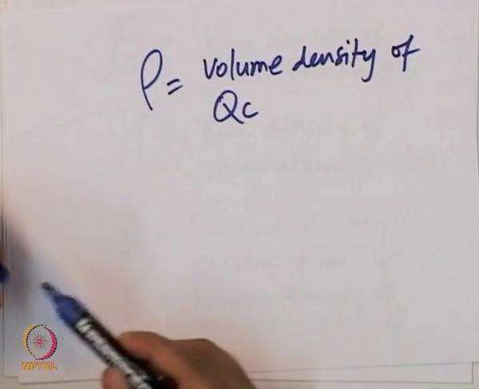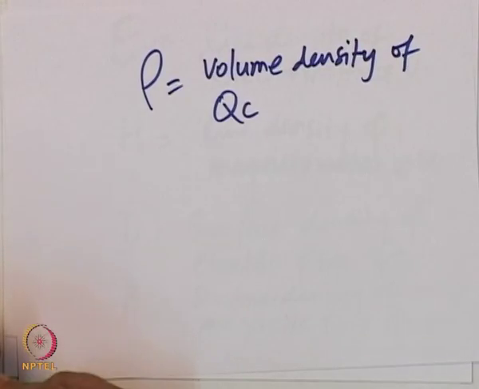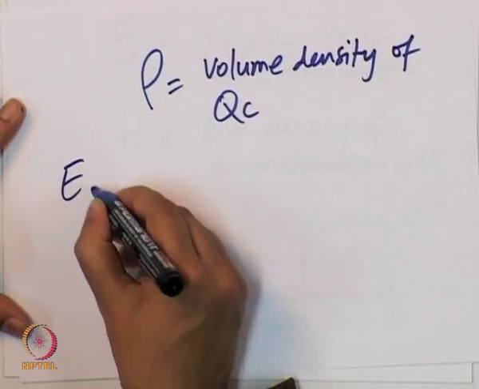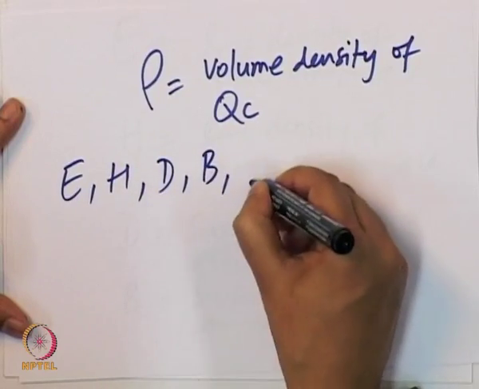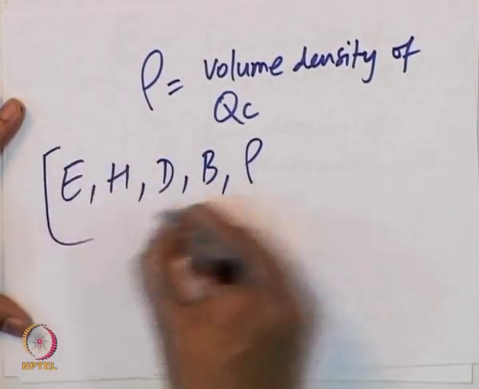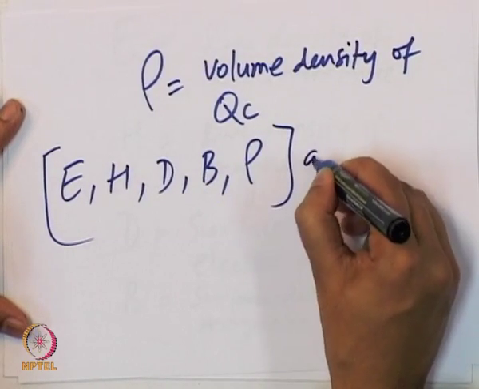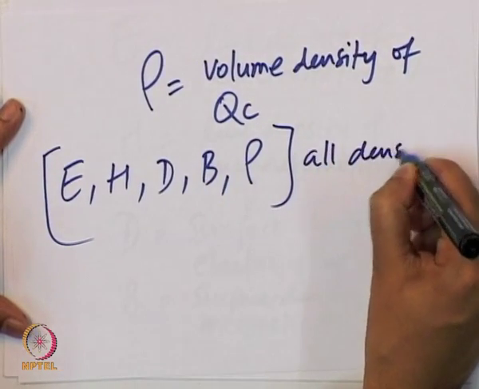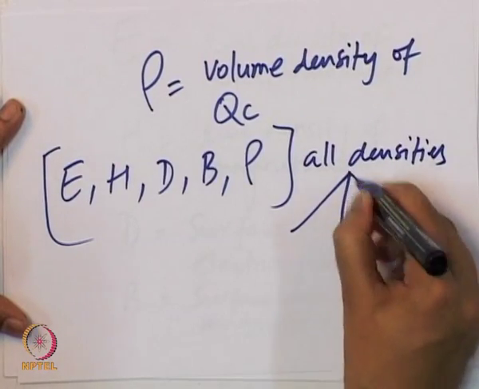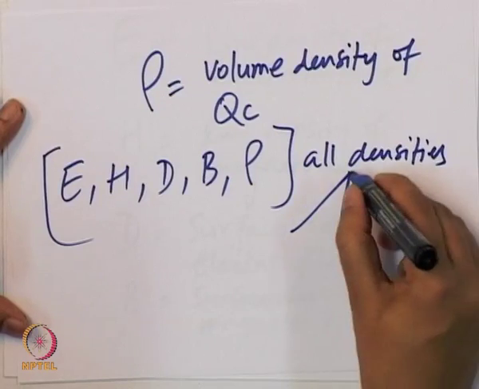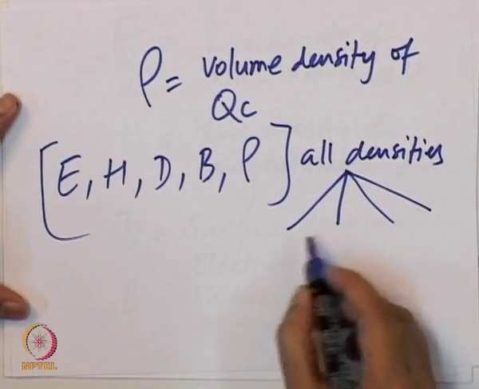So if we understood this, we are able to understand all the field quantities E, H, D, B and rho. They are all densities, whether it is line density or volume density or surface density, it does not matter.